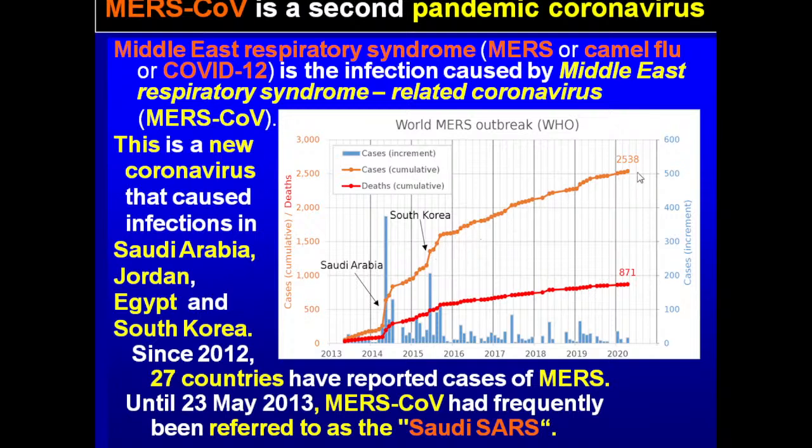More and more cases we see, and by the end of 2020 we had documented 2,500 cases in South Korea, Saudi Arabia and other countries. Up to now, we have around 807 deaths. Then the number of cases dropped here, but then step by step the number of infected people rose.